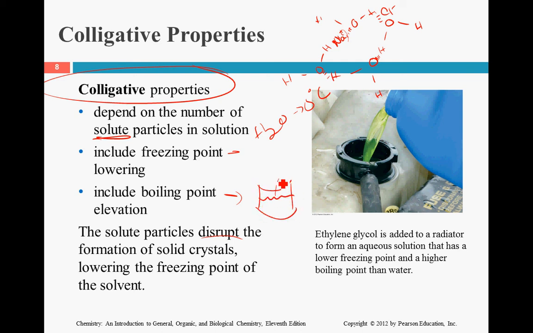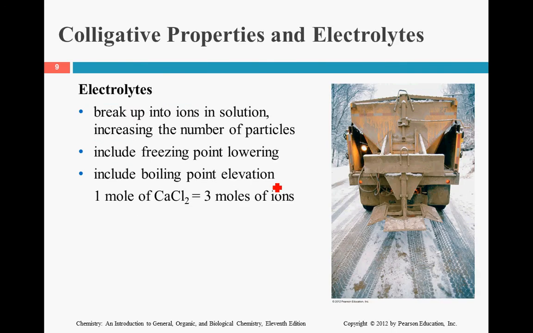Instead of the molecules drifting up as it boils, these molecules are now pulling the water back in because of that attraction. So the electrolytes that we talked about earlier in the chapter break up into ions. Then these ions get in the way of the positive and the negative interaction.